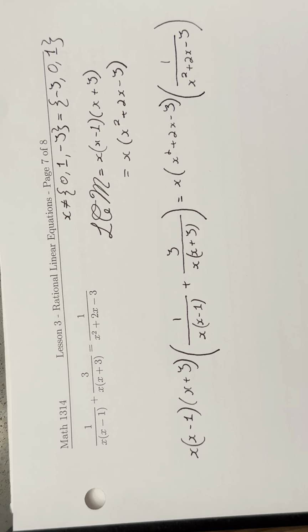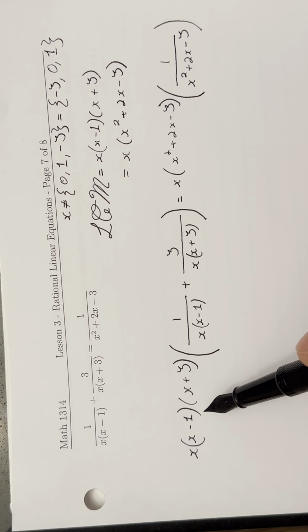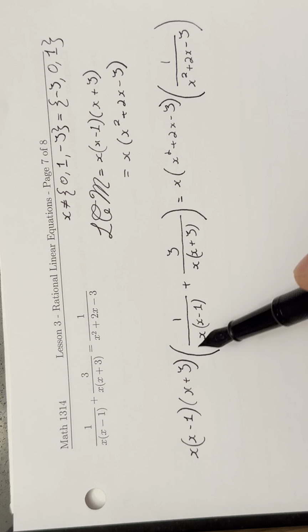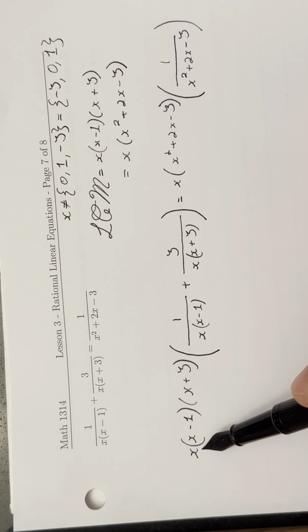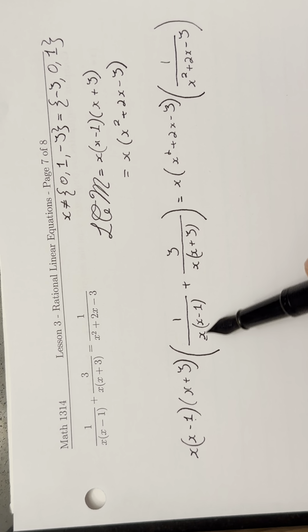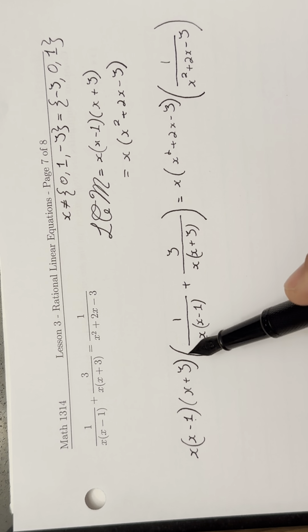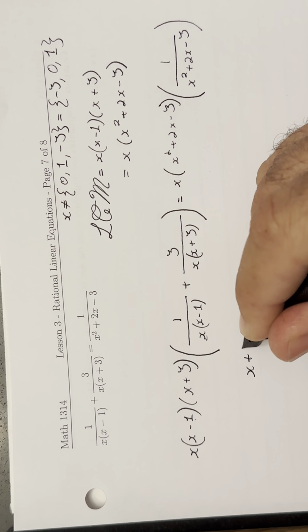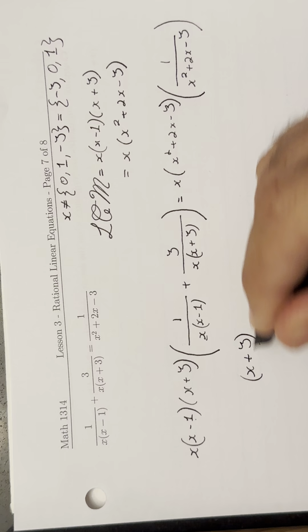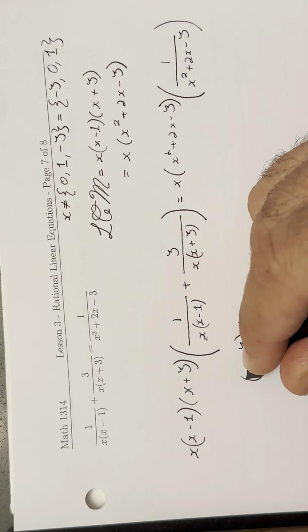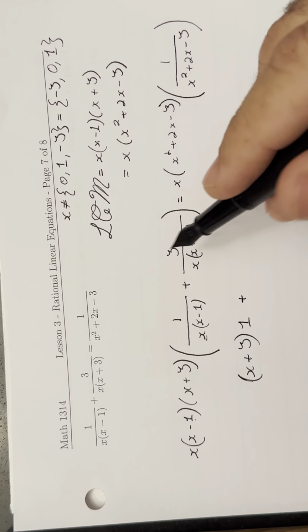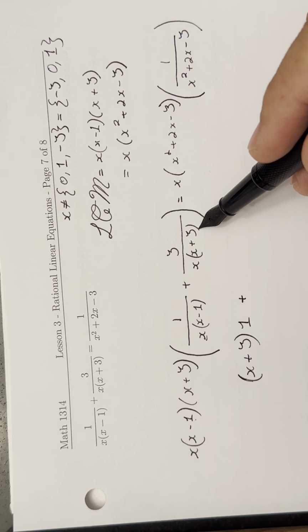All right, so now we've got all the pieces in place. Now we do our work. Distribute this expression here to this term and this term. Note that on the first term, x times x minus 1 divided by itself is 1, leaving the x plus 3 and the 1. So we have the first term, x plus 3 times 1. Next guy, we have x times x plus 3.